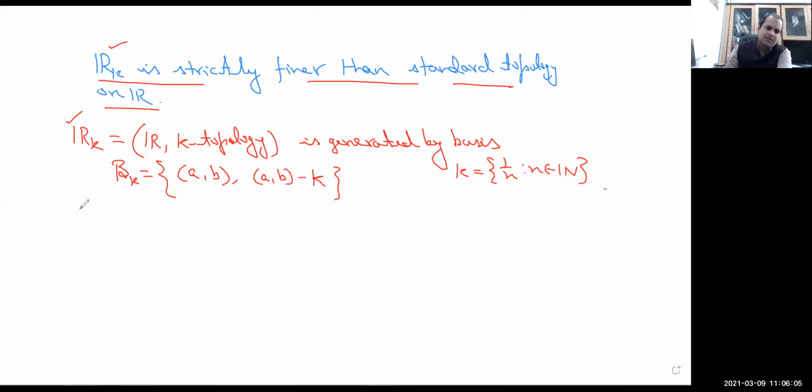And the standard topology, always write what results we need. So R with the standard topology.